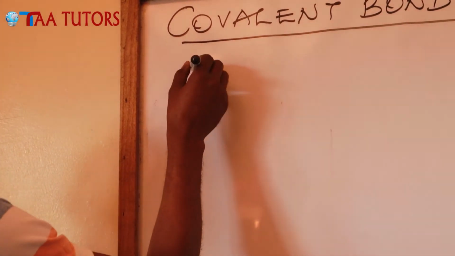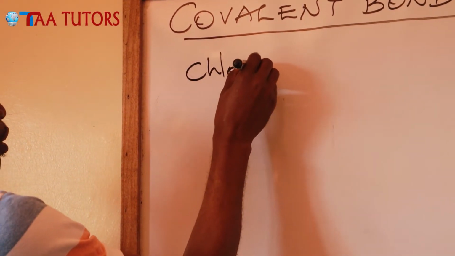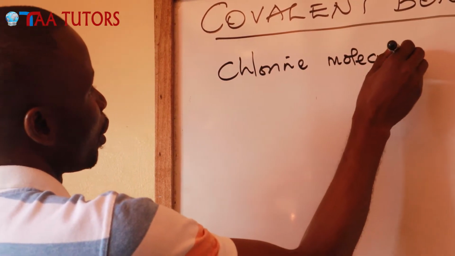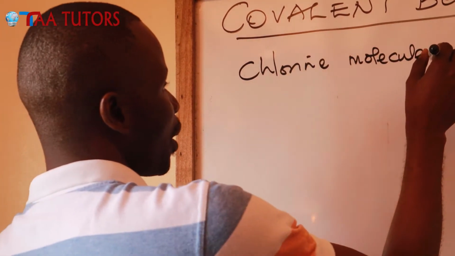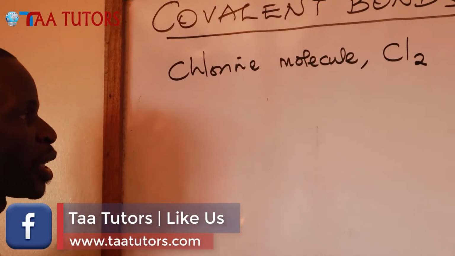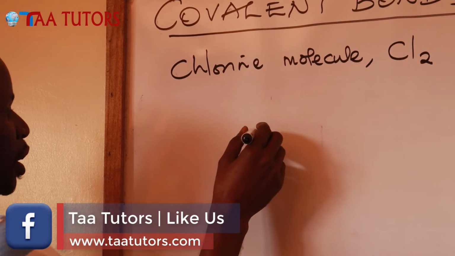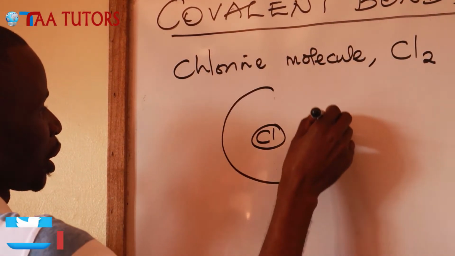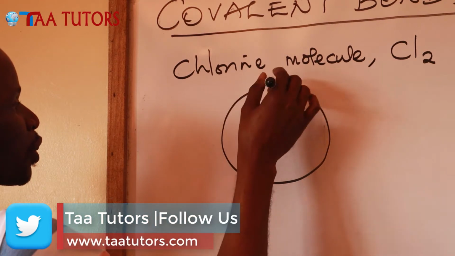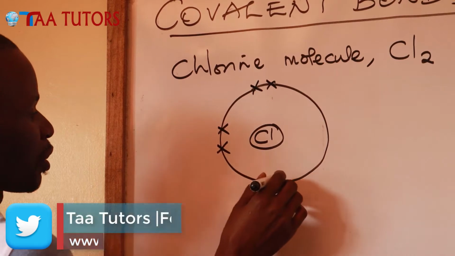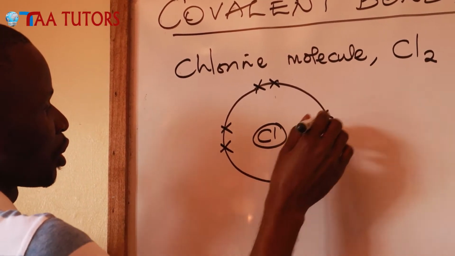For example, the chlorine molecule. All of us know the formula of chlorine molecule is Cl2. Let us find out why it's like that. Like I said, I don't want to include other energy shells, so I will only show the outer energy shell. Chlorine atom has 7 electrons in the outer energy shell.